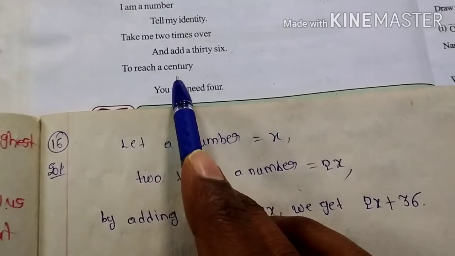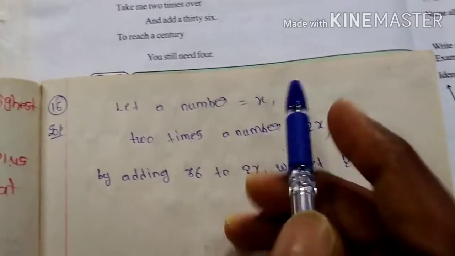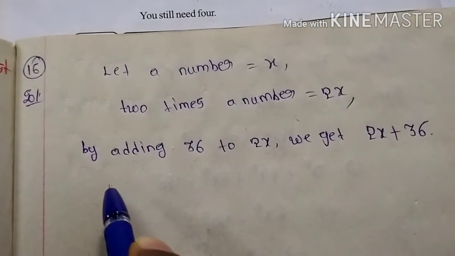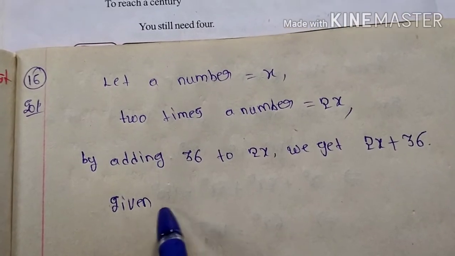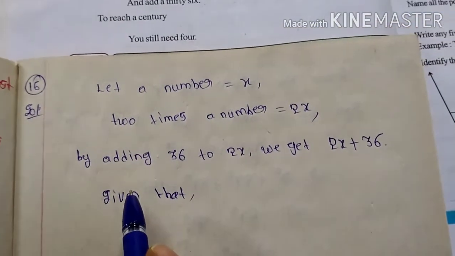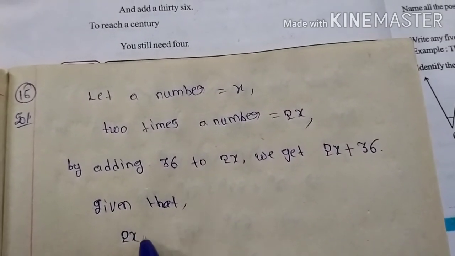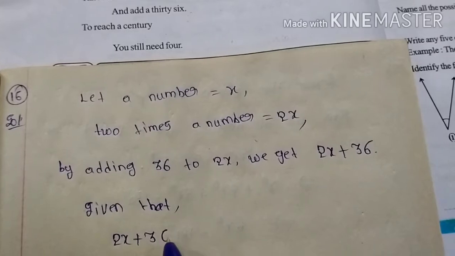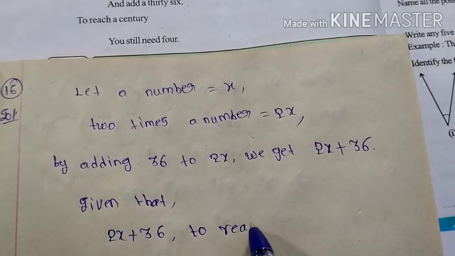To reach a century, you still need 4. That means, given that 2x plus 36 to reach century.